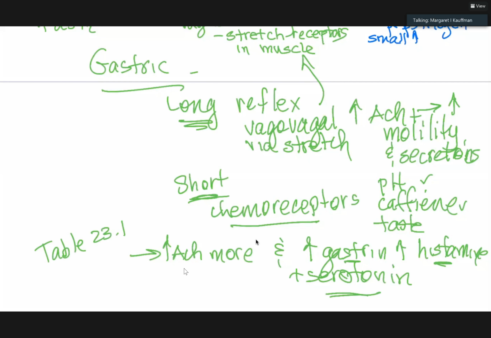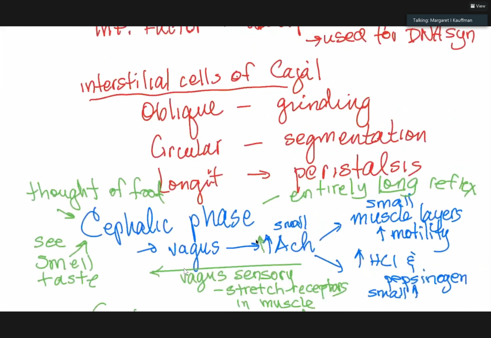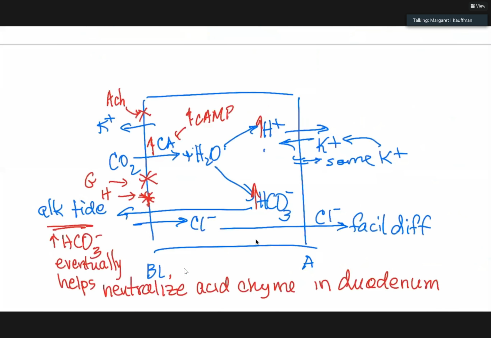So gastrin and histamine, if we go back to this parietal cell, one of the things that you realize is not just how much acetylcholine this is going to be increasing through those phases, but you're also going to start, at least in the gastric phase, to get more gastrin and more histamine.